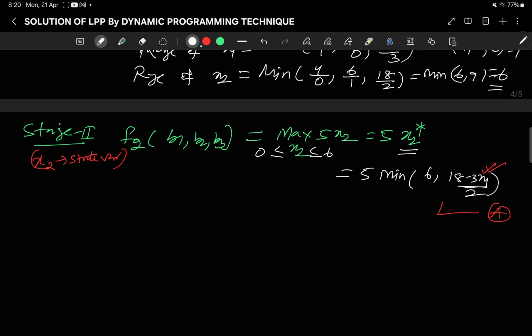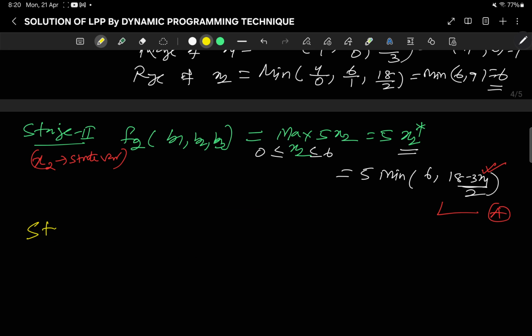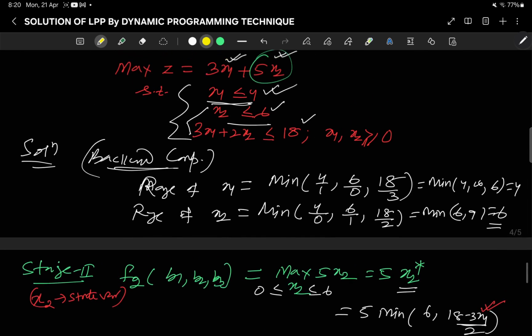Now coming to the next stage, stage 1. We are computing backward from the last. So my f1, b1, b2, b3 is equal to the maximization. What is the state variable here? x1 is the state variable, so we start from x1 here.